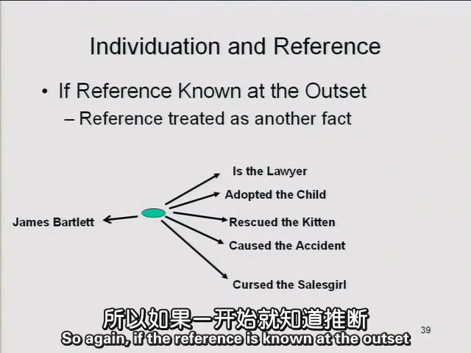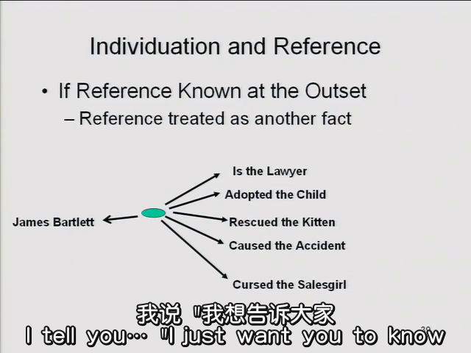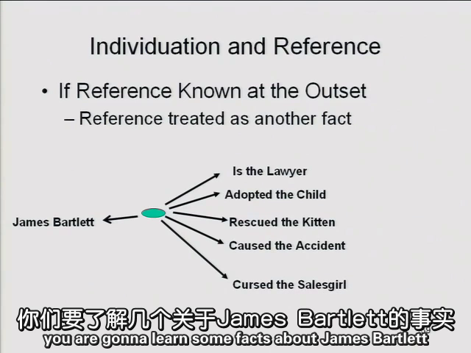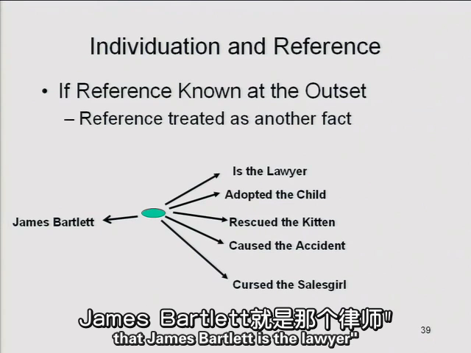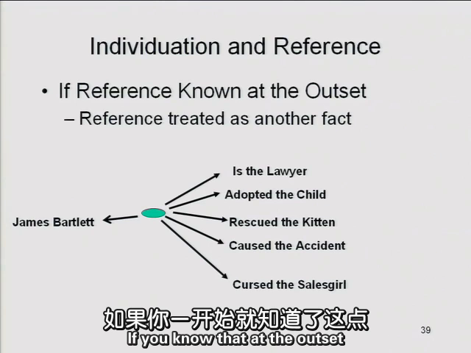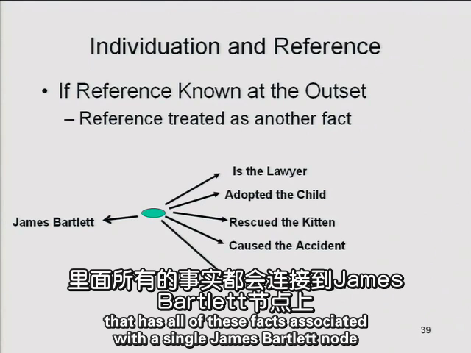So, again, if the reference is known at the outset, if before you learn any facts about James Bartlett or the lawyer, I tell you, you're going to learn some facts about James Bartlett and some facts about the lawyer, and bear in mind that James Bartlett is the lawyer, you create a single representation that has all of these facts associated with a single James Bartlett node.